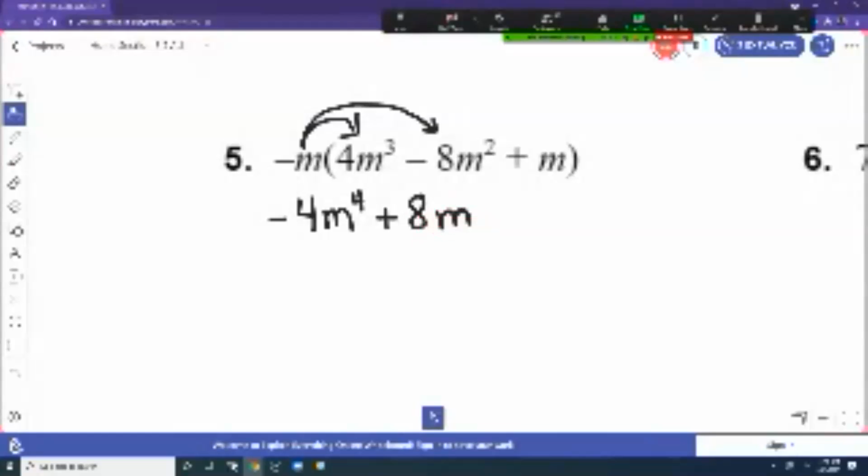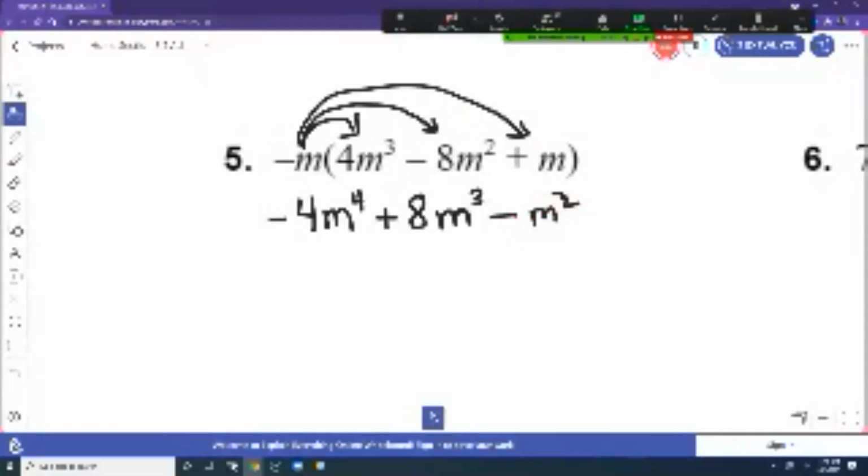M to what power? There you go. Negative m times m. A negative times a positive. Negative m squared. That's it.